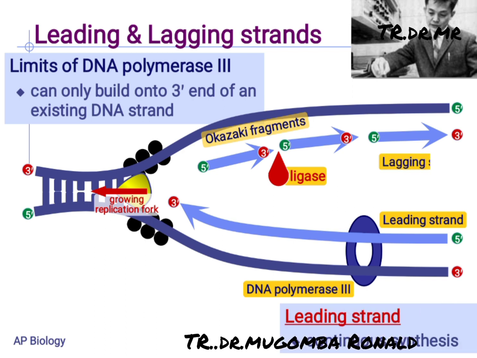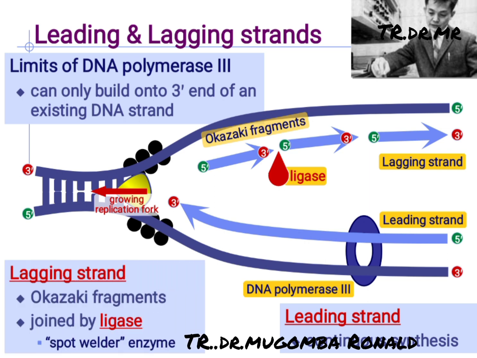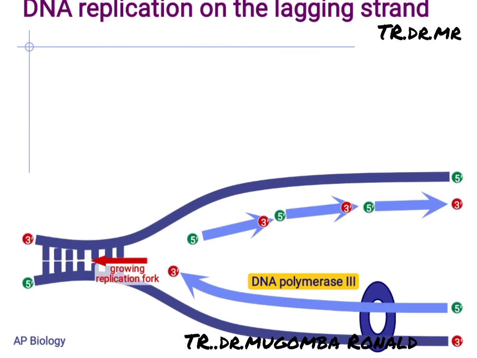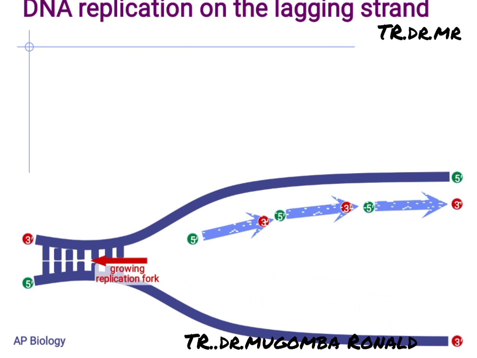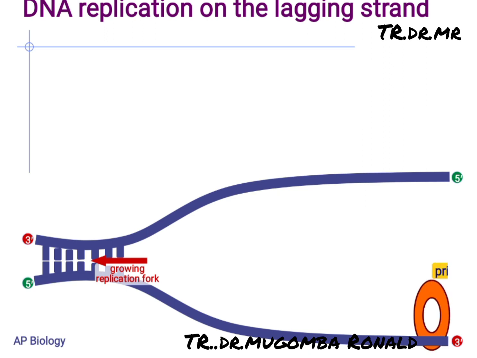Okay, so we have seen that the leading strand is synthesized continuously. The lagging strand has Okazaki fragments joined by ligase, a spot welder enzyme. So it is a spot welder enzyme that slices out the RNA primers and then joins the DNA strands. So DNA replication on the lagging strand, you can see a primase.